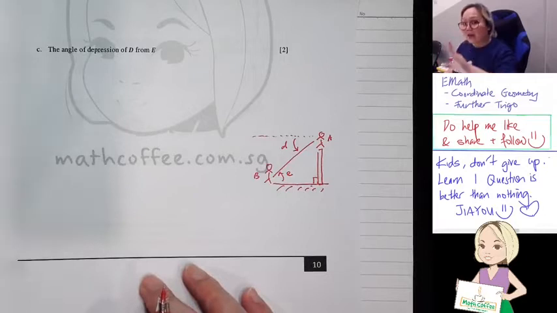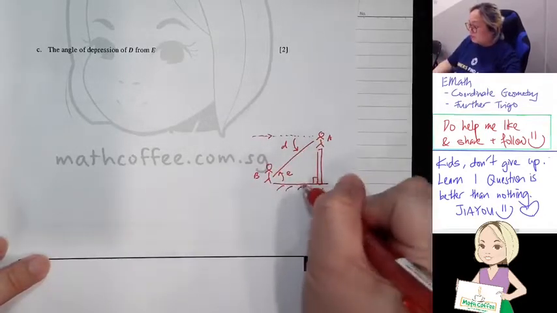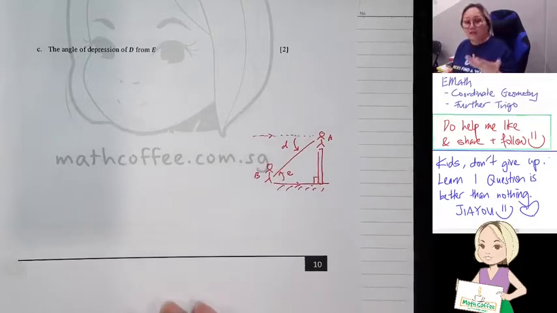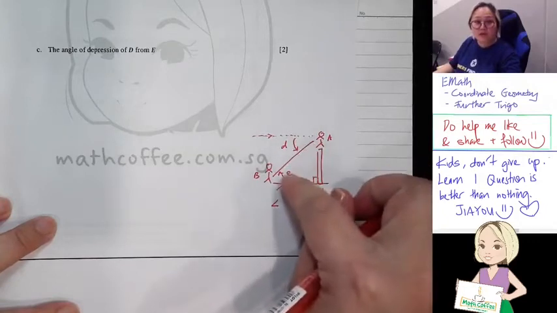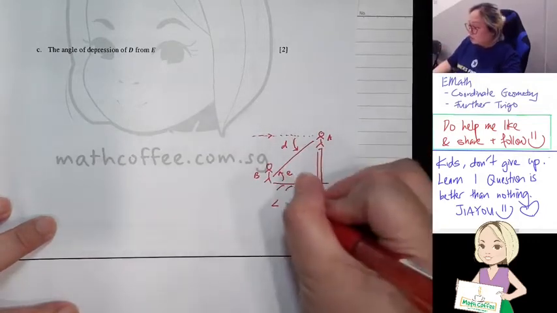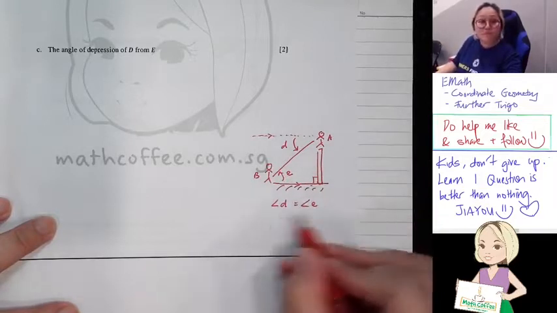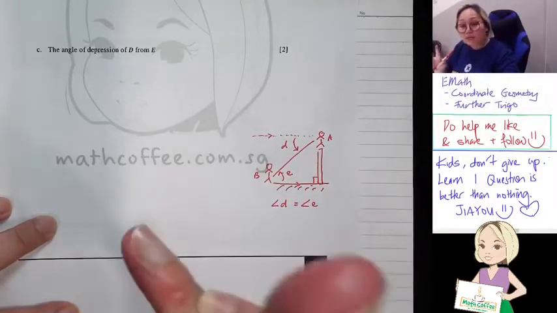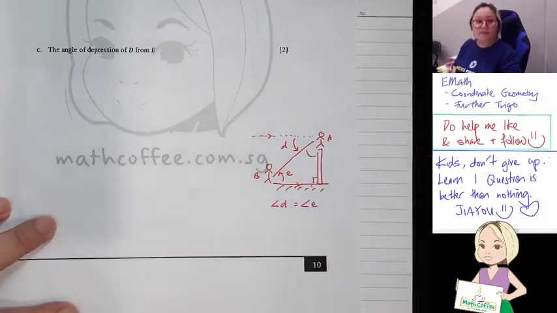This is angle of elevation. You need to know that the so-called eye level and the floor are parallel lines. So whenever we talk about angle of depression and angle of elevation, they are the same. Understand? A common mistake is students say the angle of depression is here.